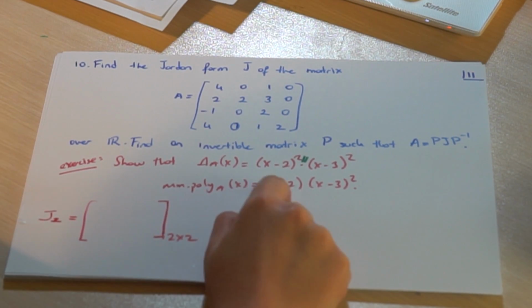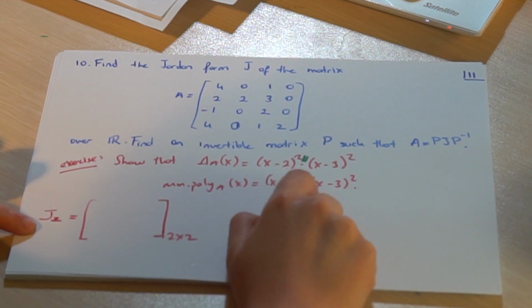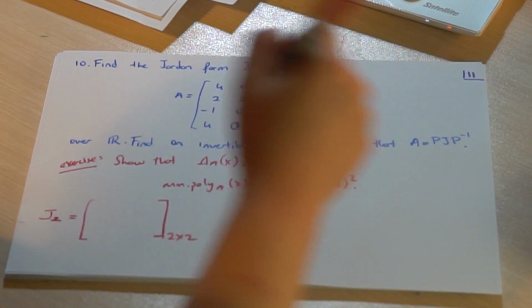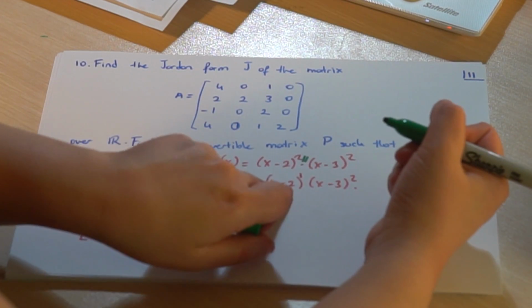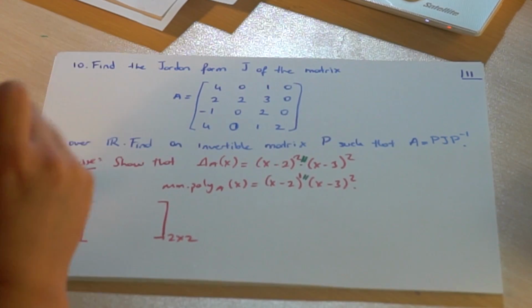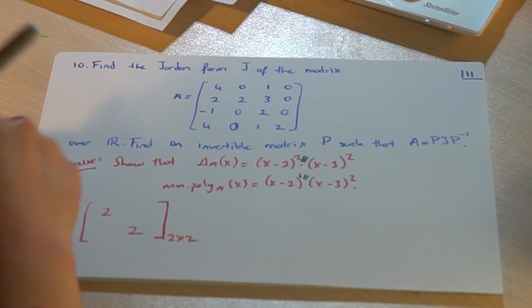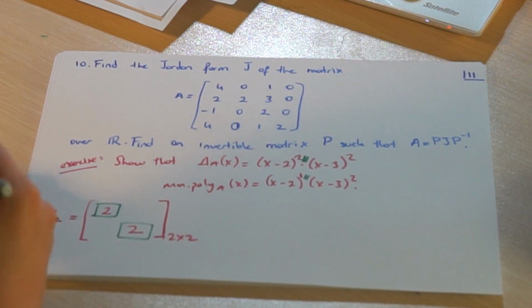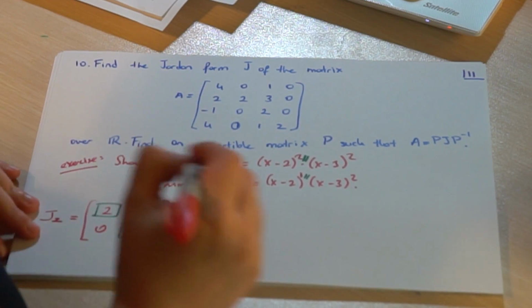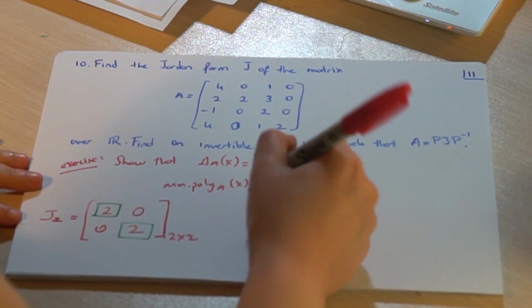Now, the maximal block will be 1 by 1, right? Since in the minimal polynomial we have x minus 2 to the 1. So we will have 2, 2, and the blocks will be 1 by 1.